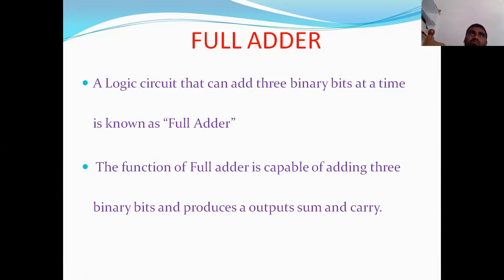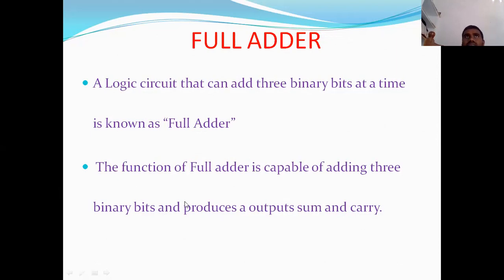In half adder we have only two inputs and we are getting two outputs. But in full adder we have three binary inputs at a time. So in half adder we have only two inputs, but here we have three inputs, that is A, B, C. So these three bits are added at a time. That is the full adder.